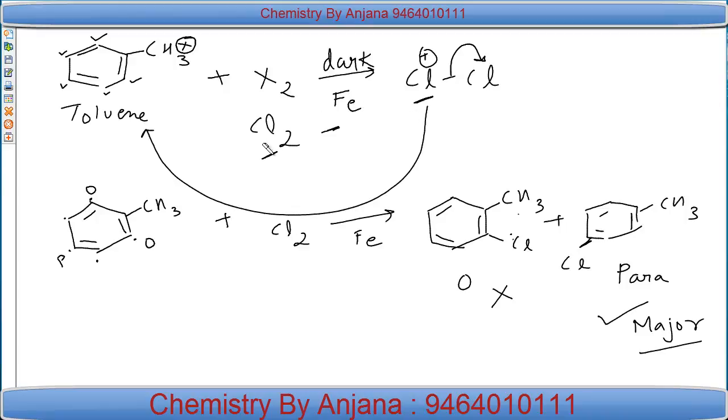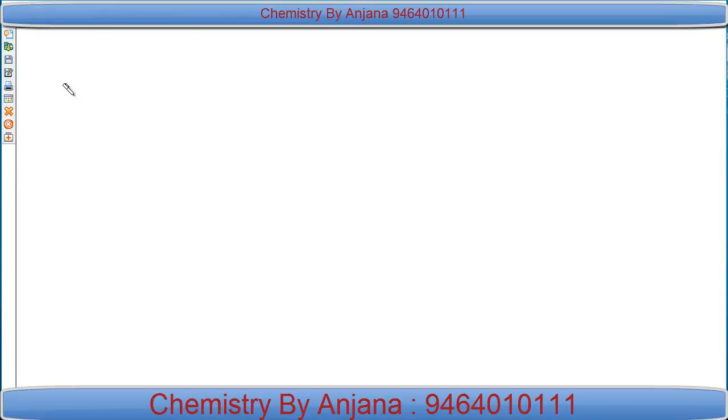But if we take same Cl2 in presence of iron catalyst and no light, we get electrophilic substitution reaction where a electrophile substitutes another electrophile, that is hydrogen. तो ऑर्थो और पैरा पोजीशन पर लगे हुए हाइड्रोजन्स को सब्स्टिट्यूट करके these 2 possibilities are there, जिसमें मेजर प्रोडक्ट विल बी पैरा.